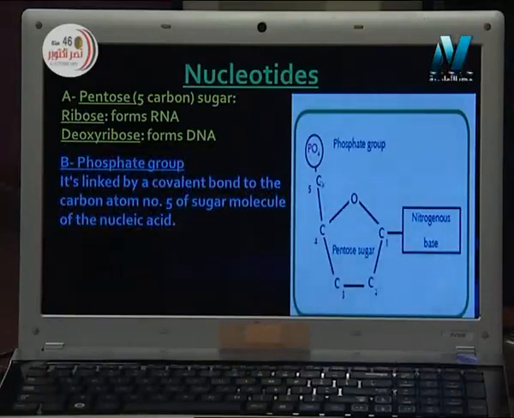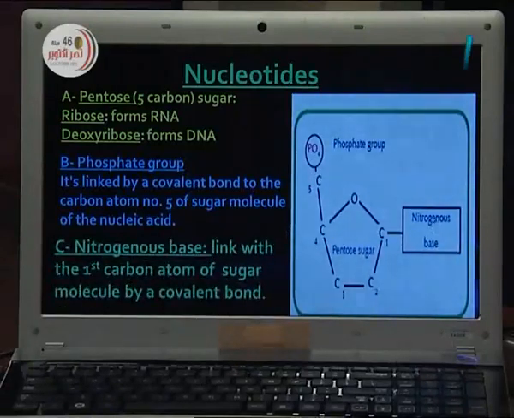The carbon number 5 is connected with a phosphate group, PO4. طيب what is the name of the bond that connects carbon number 5 and the phosphate group? We call it covalent bond. يبقى the bond that connects carbon number 5 with the phosphate group, we call it covalent bond.